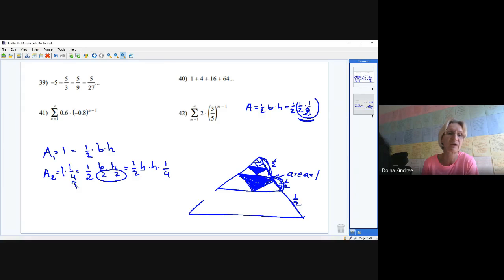This is my common ratio between each triangle going up, because I'm going half distance. If I do it again, oh my gosh, that's not an equilateral at all. That's interesting. No more equilateral.